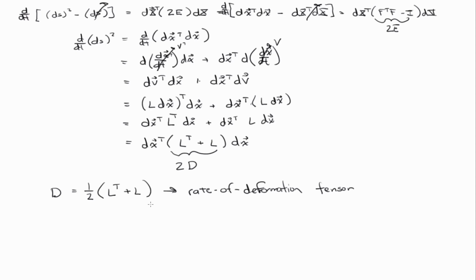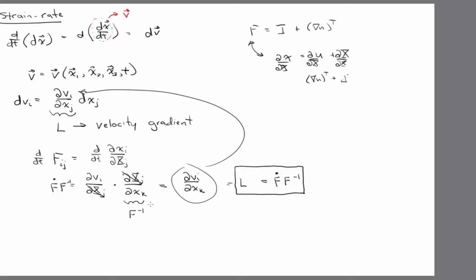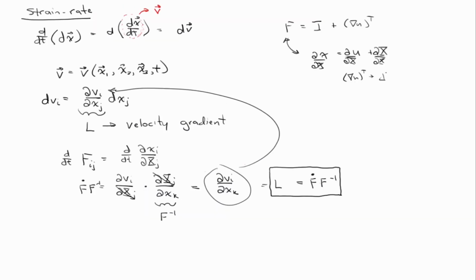Can you come back to the previous page? Regarding that part, dv_i equals L_ij dx_j, what about the time part, the partial? Yeah, so I shorthanded this thing. The real proper way to derive that is the same way we did for the deformation gradient.